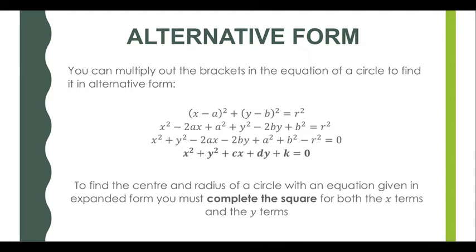So if we follow the working below, instead of writing it in the form that we've just looked at, if we expand this, we can write the equation in the form x squared plus y squared plus cx plus dy plus a constant k. If we're given the equation in the form shown at the end, we can find the centre and the radius, but we must complete the square first for both the x term and the y term.